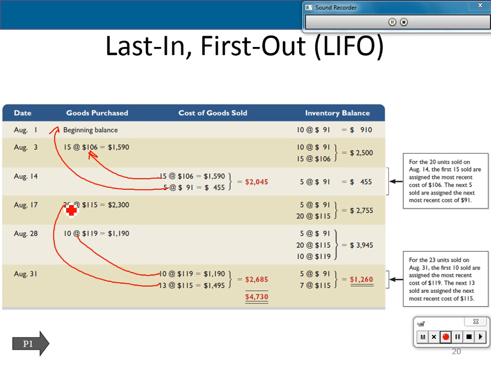In some of the countries that still have big inflation, one of the reasons national financial accounting bans LIFO is that it is advantageous from the financial statement view. The price is going up and up and up each time you buy.